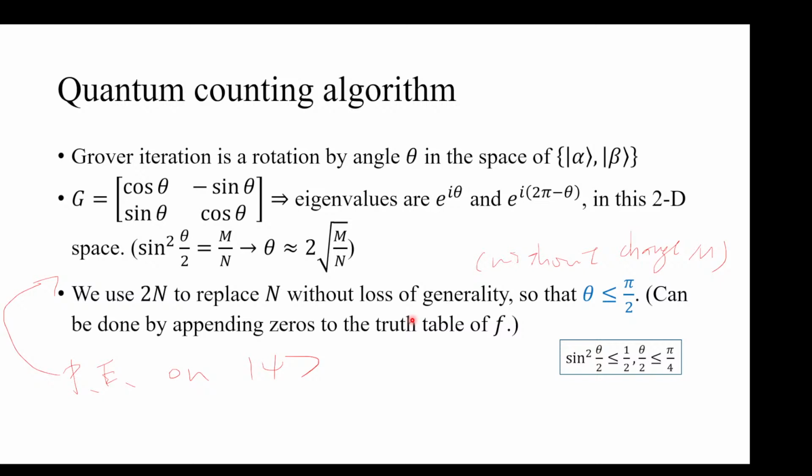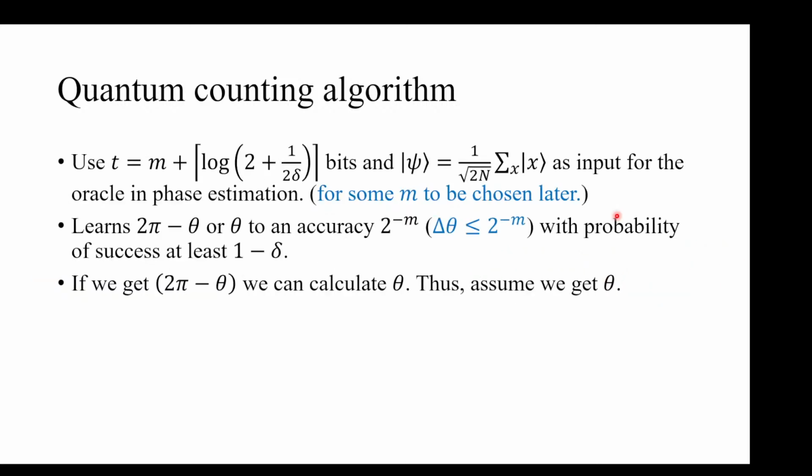because we know theta is less than pi over 2, and that means this 2 pi minus theta is greater than or equal to 3 pi over 2, and less than or equal to 2 pi, while this thing is between 0 and pi over 2.